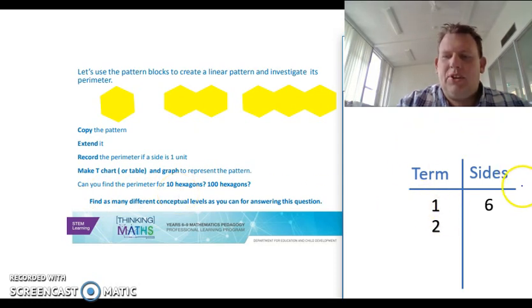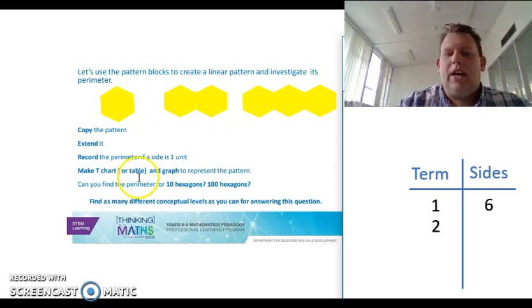You might want to do your chart down to 10, and as you're going along you may or may not pick up a pattern. But then you need to go to 100 hexagons. I wouldn't suggest you do a T-chart down to 100 hexagons. I want you to think about how you could do a shortcut. Can you just jump to 100 hexagons somehow?